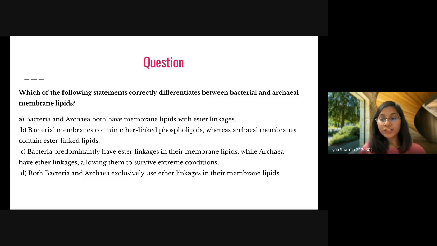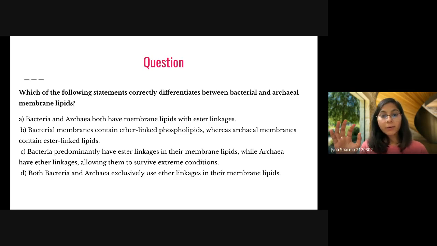We can differentiate it using the membrane lipid. You have to tell me what kind of membrane lipid we have in the bacteria and what kind of membrane lipid we have for the archaea. The first thing is very clear.